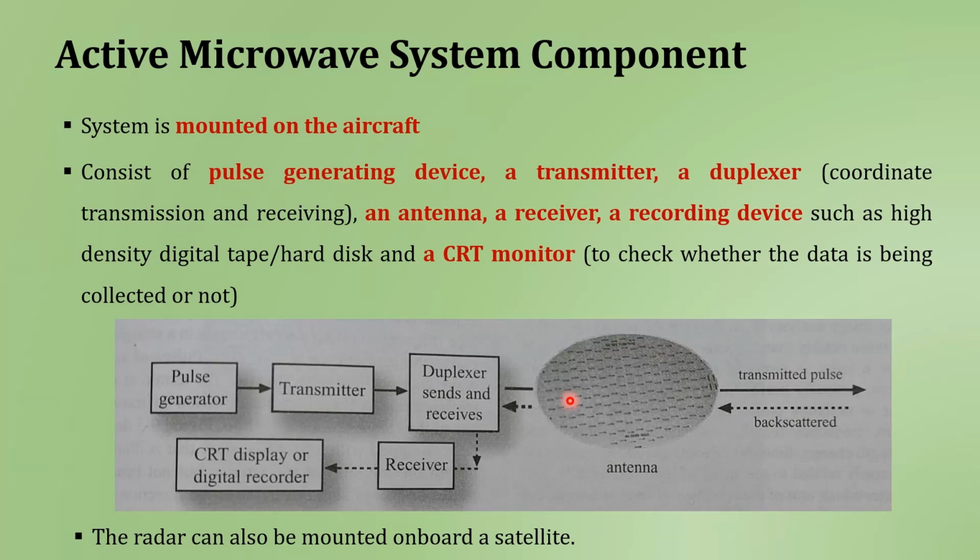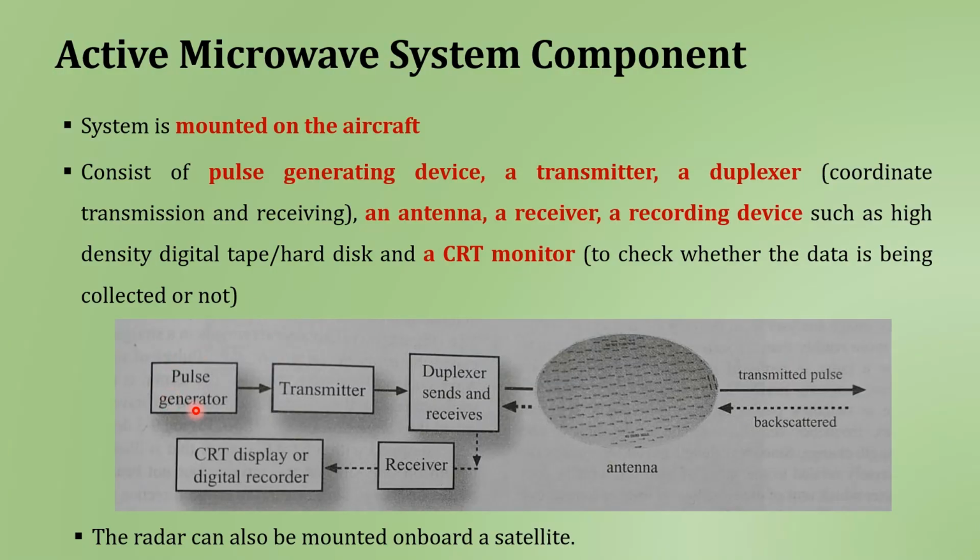Then we have an antenna, a receiver, and a recording device such as the high density digital tape or the hard disk, and in the system mounted on the aircraft, a CRT monitor is also included so that the technician can check whether the data is being collected or not.